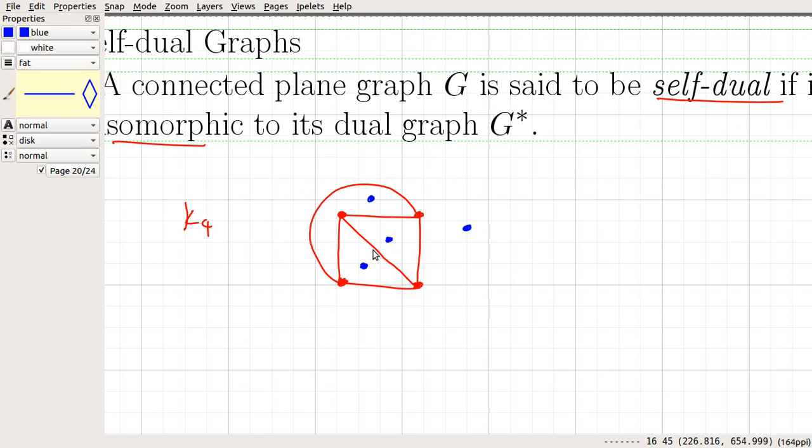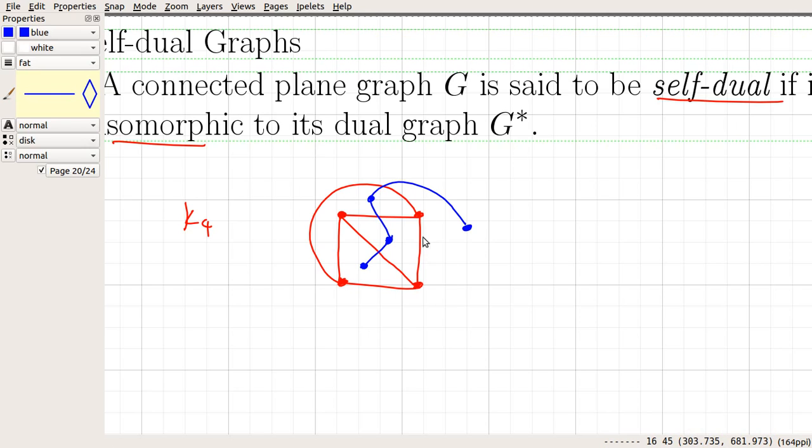Since we have this edge, there will be an edge between these two vertices, and there will be an edge between these two since we have this edge. Okay, and this edge is shared by this region and this region, so we have this edge.